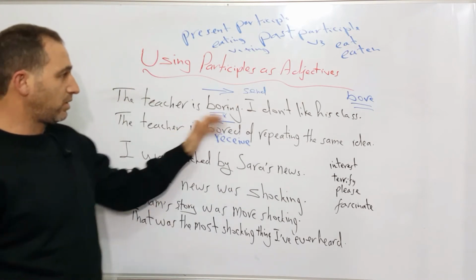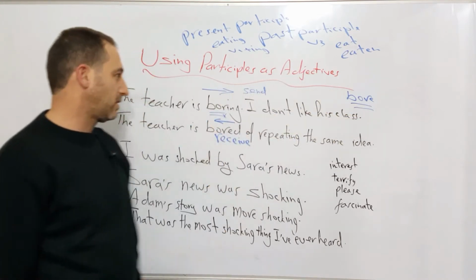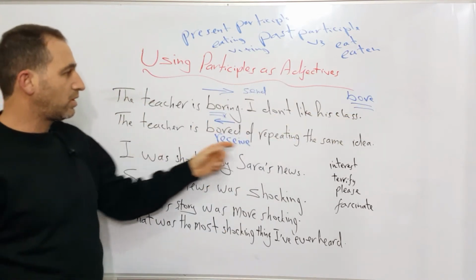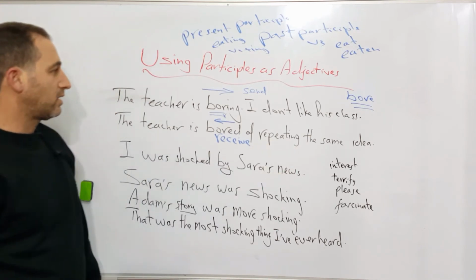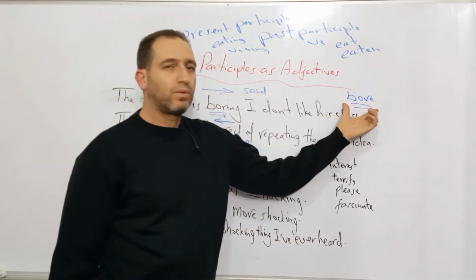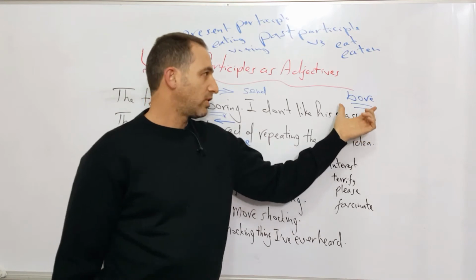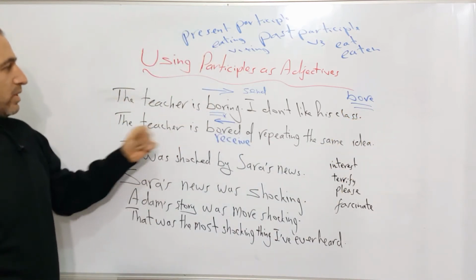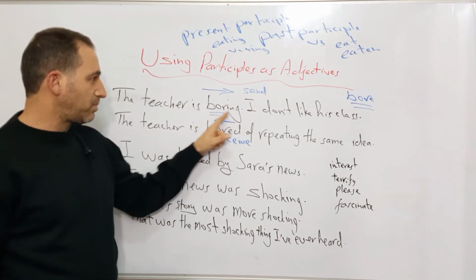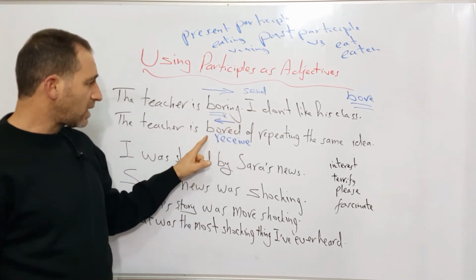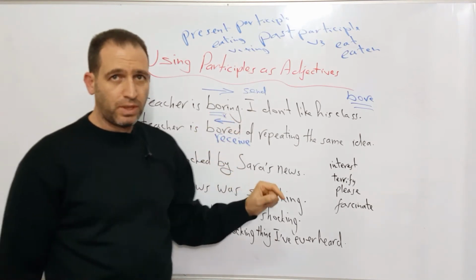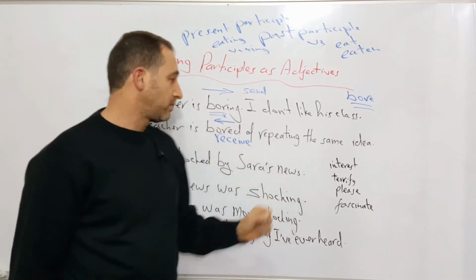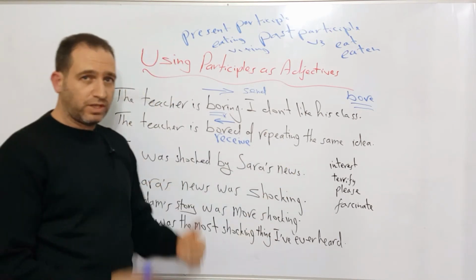He's being affected. So he's affecting, he's being affected. So the teacher is bored of repeating the same idea. I hope you know the meaning of the word bore. Please check it in your dictionary. To bore someone. Okay, this was one example of using a present participle as an adjective and using a past participle word as an adjective with two different functions.